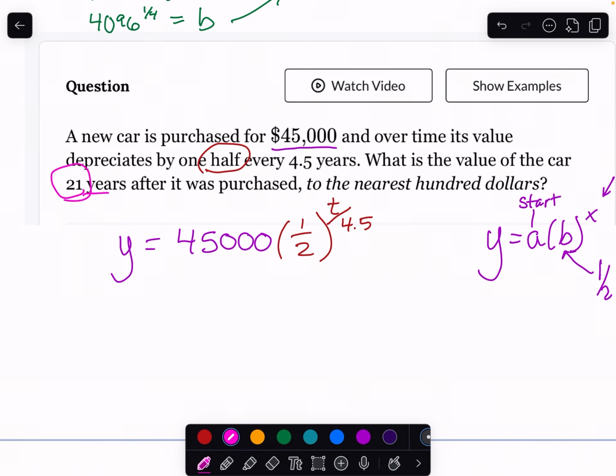So now our next step is we're going to put that time in for t. So basically, we're just plugging numbers in, and then just chugging it out. So what I'm going to type into decimals is going to be 45,000 parentheses 1/2 to the power of 21 divided by 4.5.